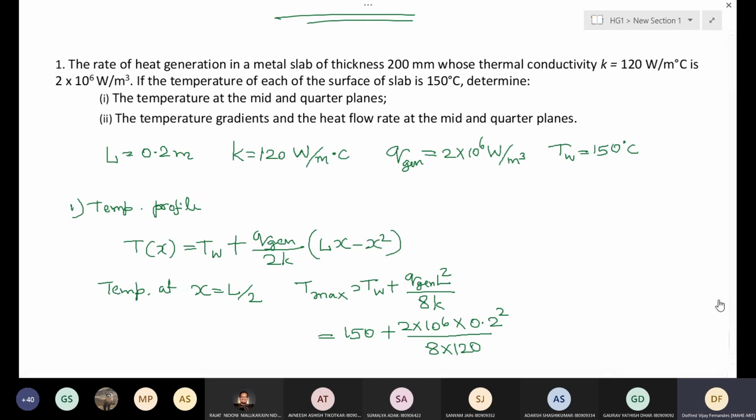So what is the temperature of the wall at the center? 233.3. 233.3 degrees.